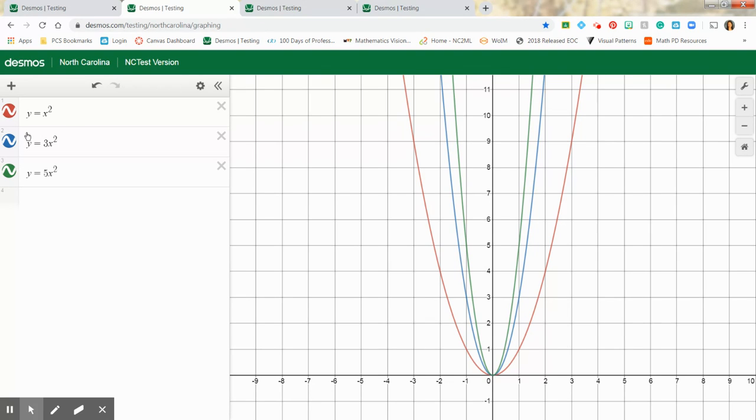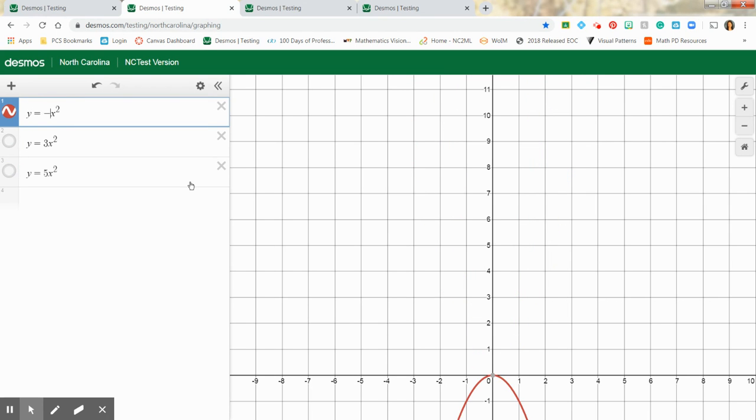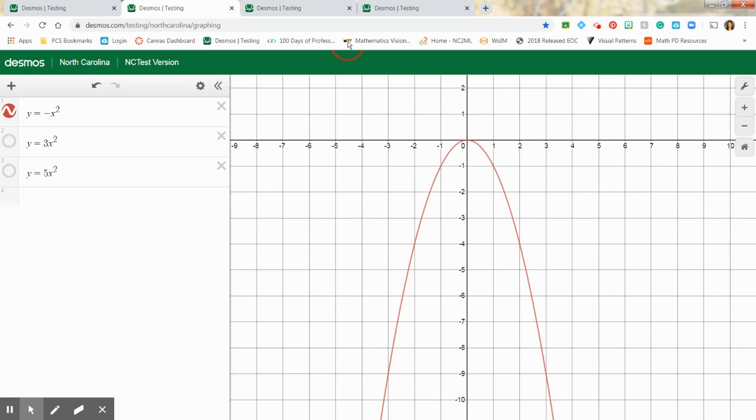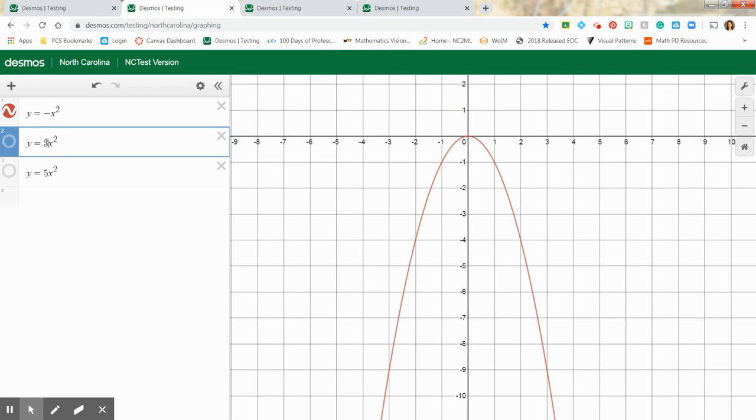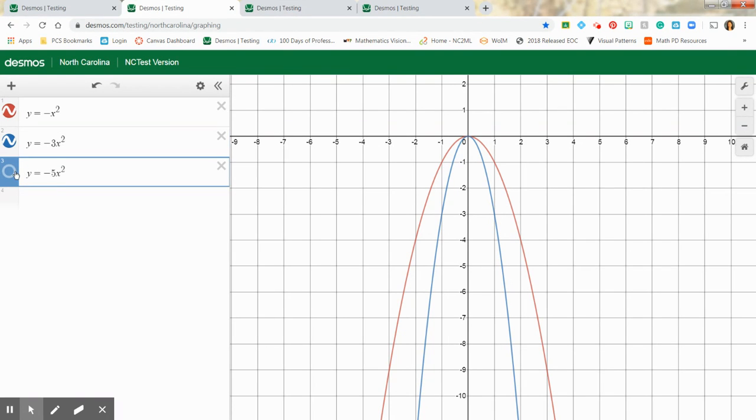Now, I'm going to turn these off for just a moment. If this was negative and I was comparing all of these with negative, I would see the exact same thing, except now my y values would be getting larger in the negative direction faster. So I'm going to have more negative numbers much faster.